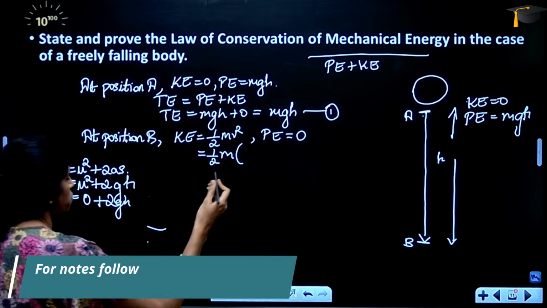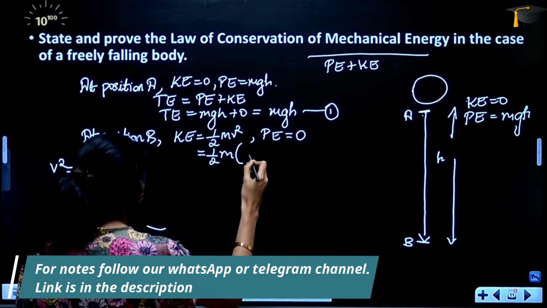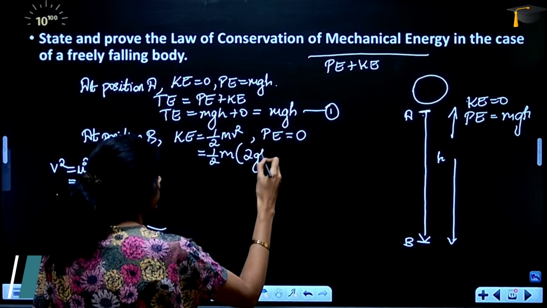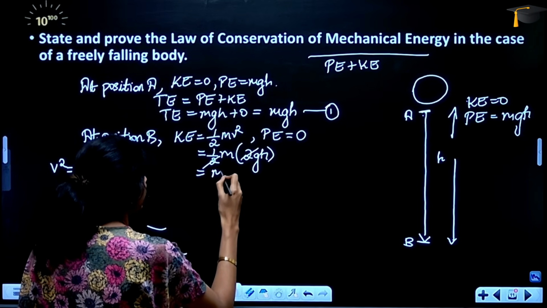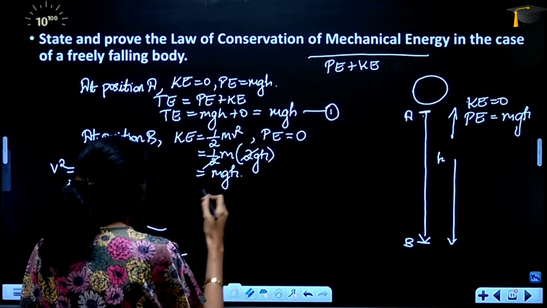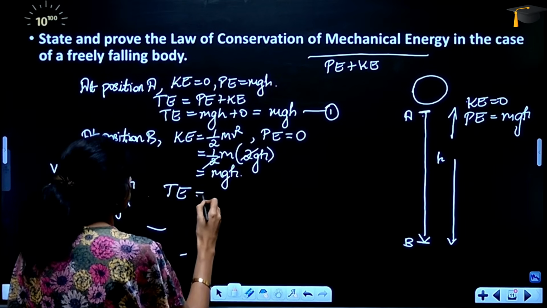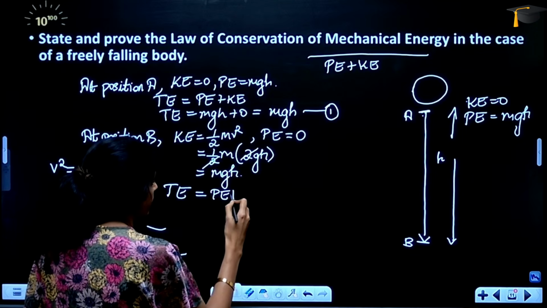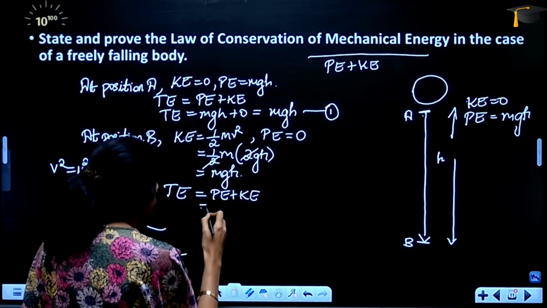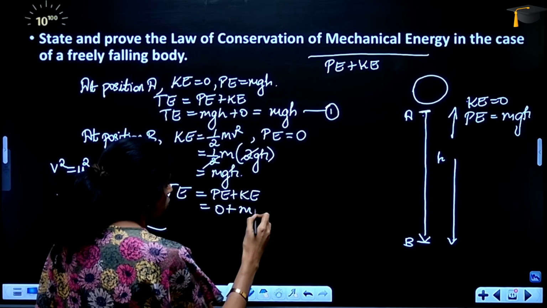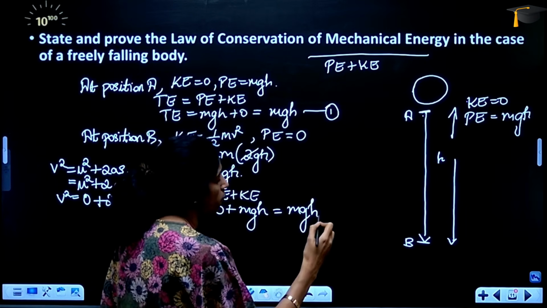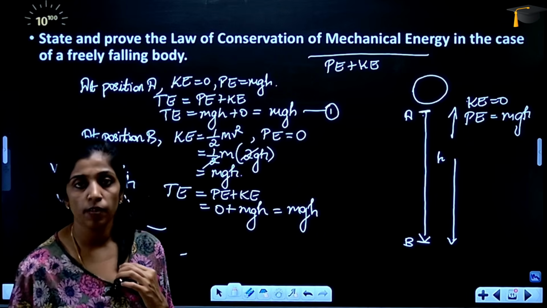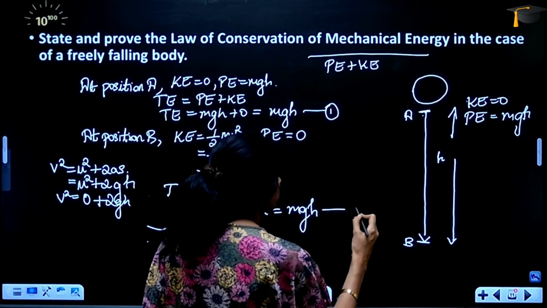Okay, you can substitute this over here, 0 plus 2gh as 2gh. So finally, if I cancel 2 and 2, I'll get kinetic energy as mgh. Therefore, the total energy will be equal to potential plus kinetic, right? Where potential energy is 0 and kinetic energy, of course, I'm getting it as mgh. Therefore, 0 plus mgh will be equal to mgh. Okay, so this is my equation.